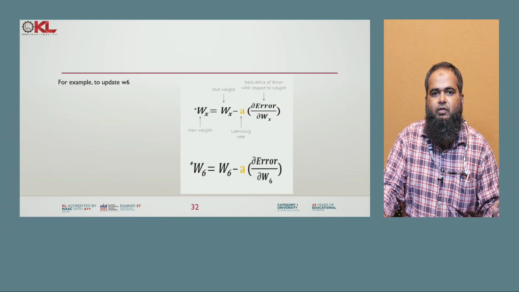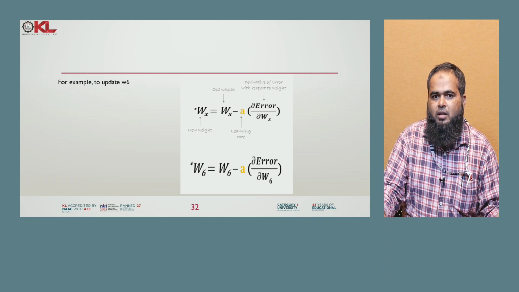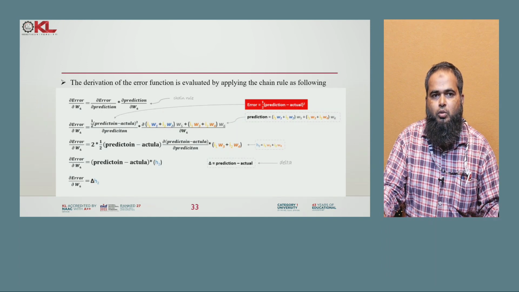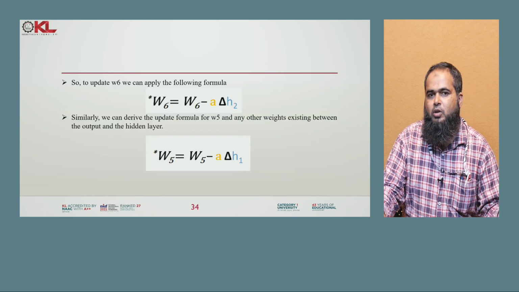So, here we take the partial derivatives of the error with respect to the weights, and calculate every Wx by taking the derivative of the error function and applying the chain rule. W6 is calculated here: W6 equals W6 minus A into delta H2.